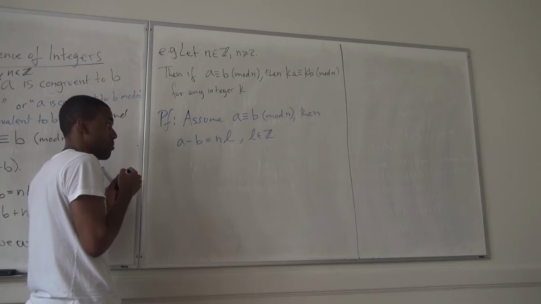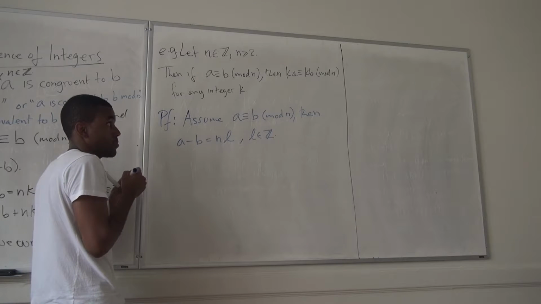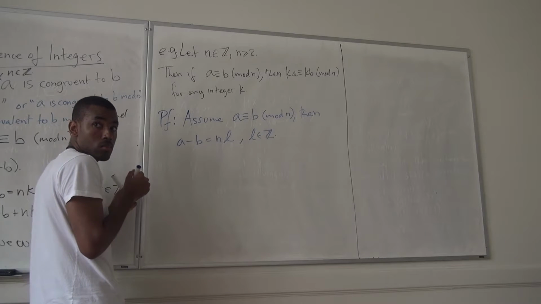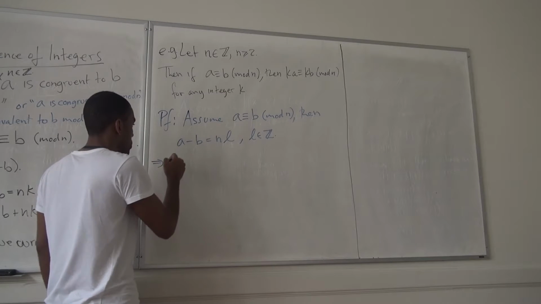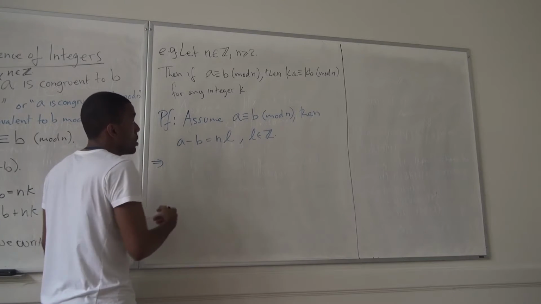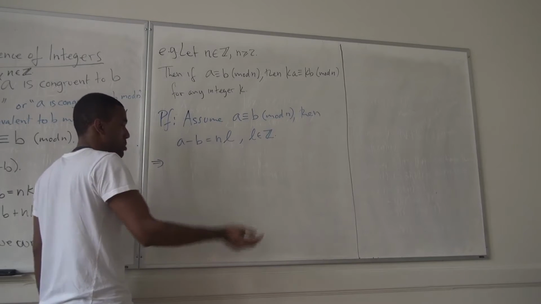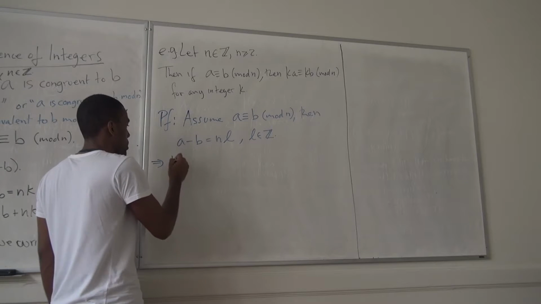It's an equation. We can multiply k on both sides, sure. These are just integers after all, so we can multiply both sides of this equation by any real number and it will work. In particular, let's say we multiply by an integer.